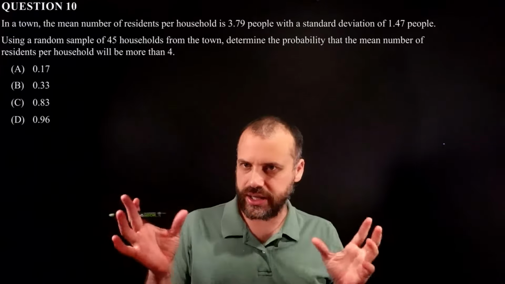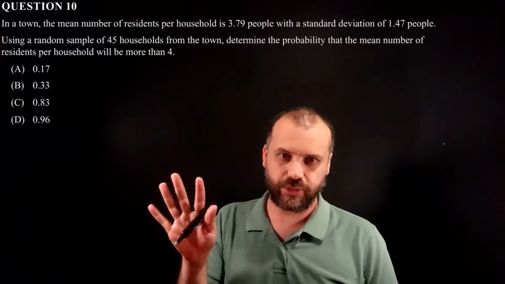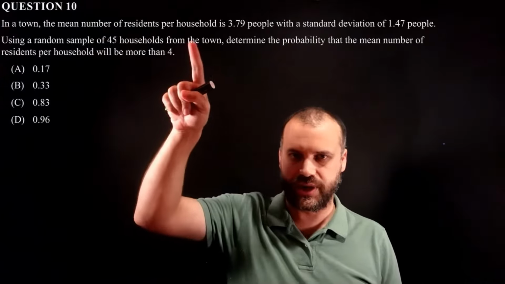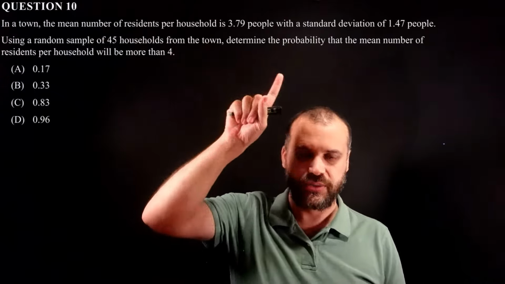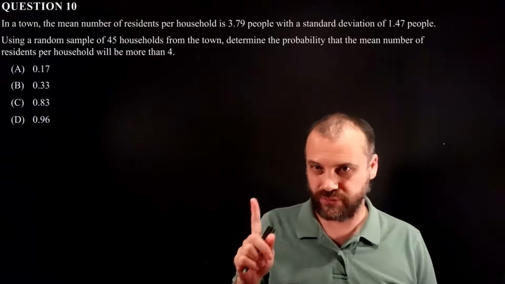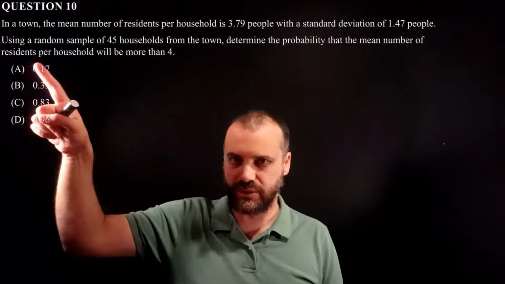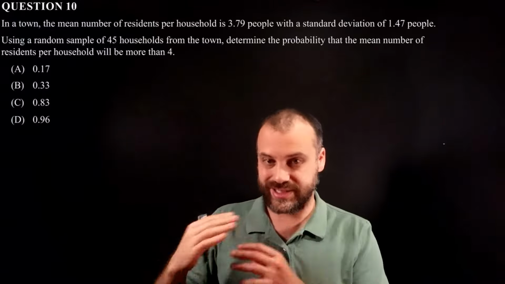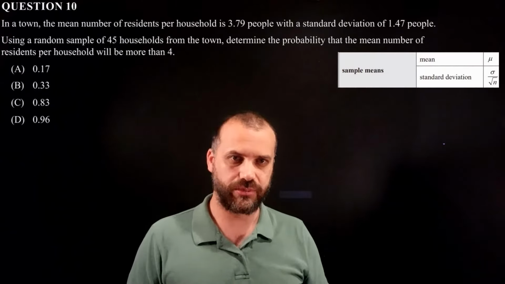Celebrate. Okay, so we've got some kind of sample mean style question here. In a town, the mean number of residents per household is 3.79 with a standard deviation of 1.47. And it says we're going to take a random sample of 45 households. So as soon as we start talking about samples, we want to jump into our formula sheet.